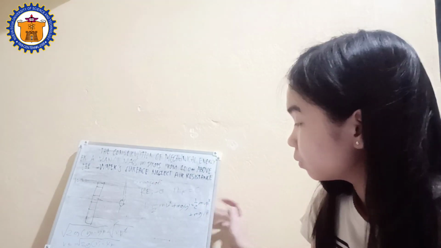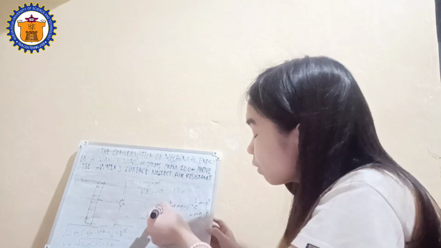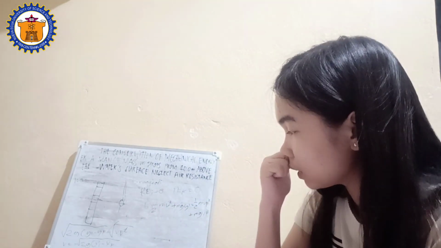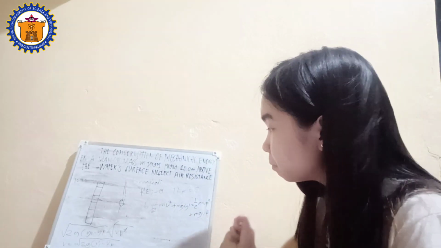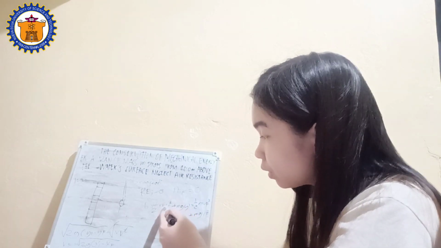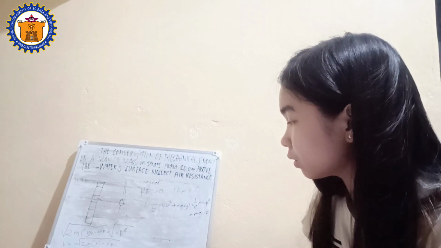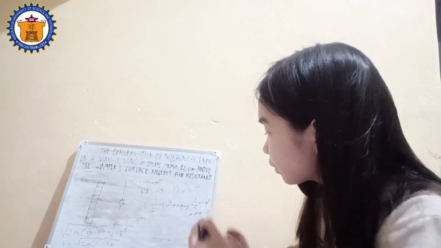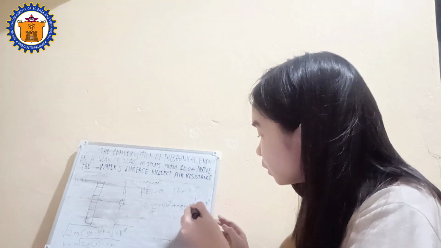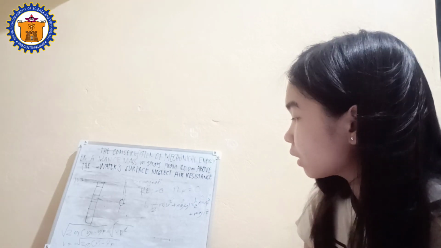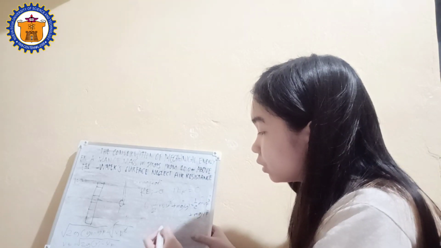So, since wala naman tayong mass dito, pwede na natin i-cancel yung mass. And 0 naman na din yung value ni velocity. Kaya pwede na natin i-cancel ito. Ayan, 0 na. And ang matitira na lang ngayon is si g.